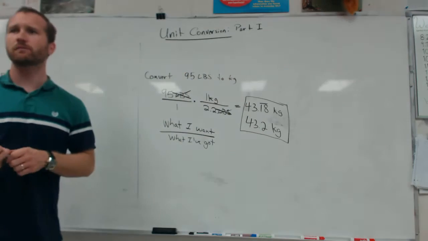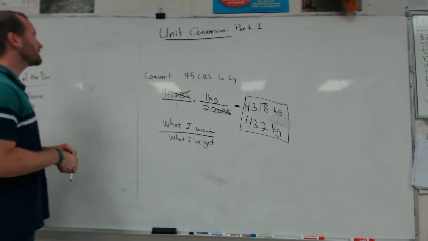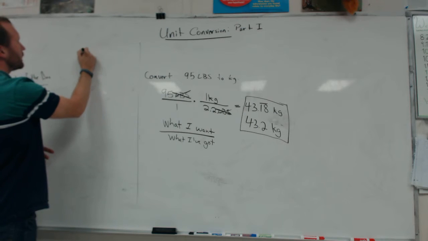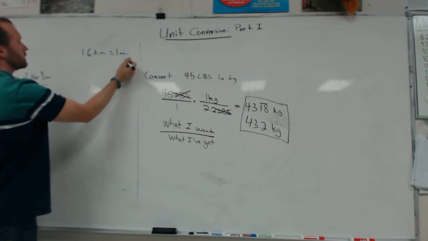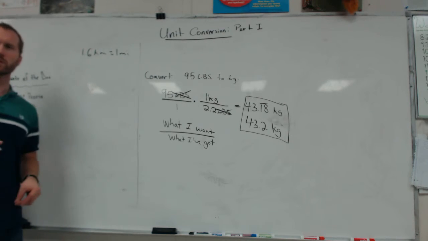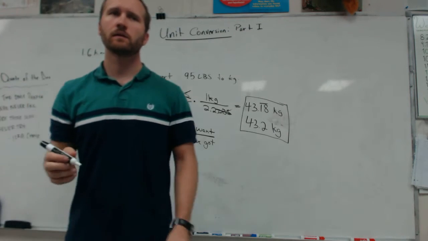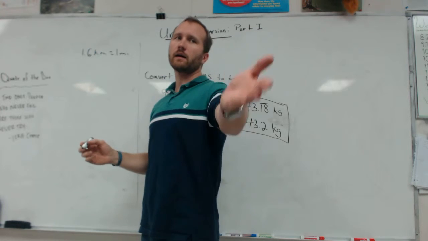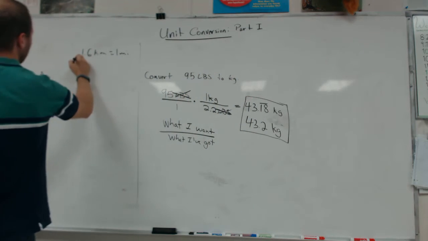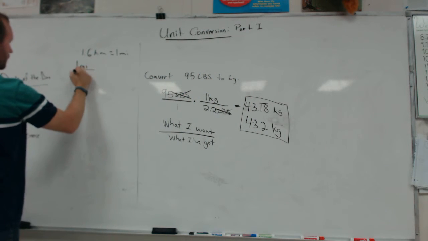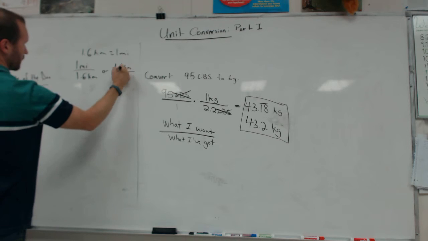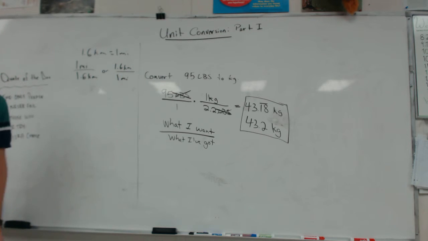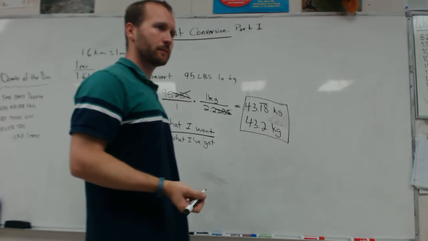Let's just do some practice making unit multipliers. Let's say someone says 1.6 kilometers equals 1 mile. What are my two unit multipliers that I can make from that? Yeah. 1 mile over 1.6 kilometers. Or 1.6 kilometers over 1 mile. Everyone agree with that? Yeah.